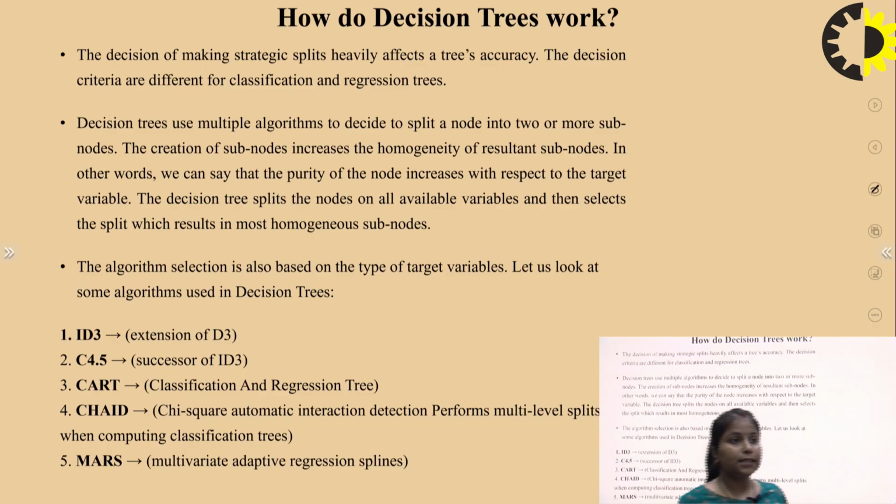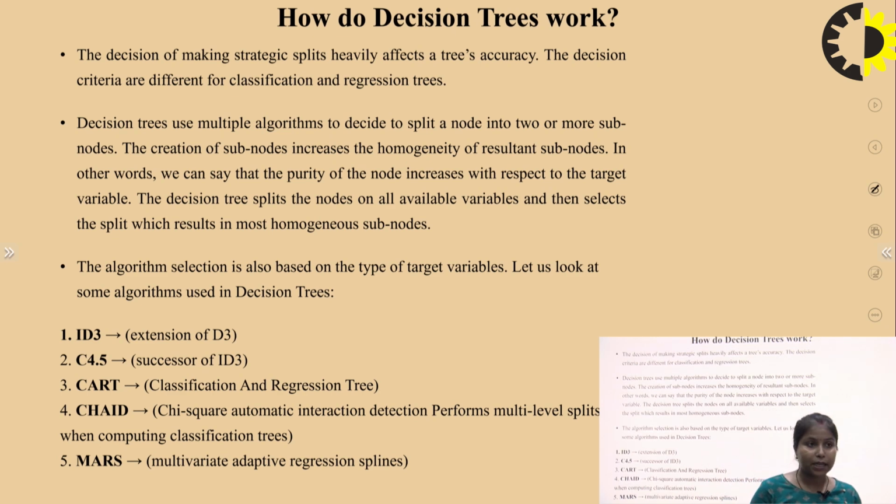The creation of subnodes increases the homogeneity of the resultant subnodes. In other words, the purity of the node increases with respect to the target variable. The decision tree splits the nodes on all the variables and then selects the split which results in the most homogeneous subnodes.